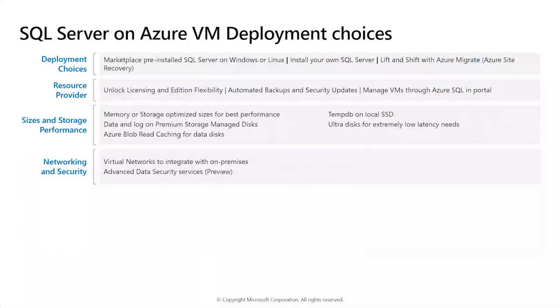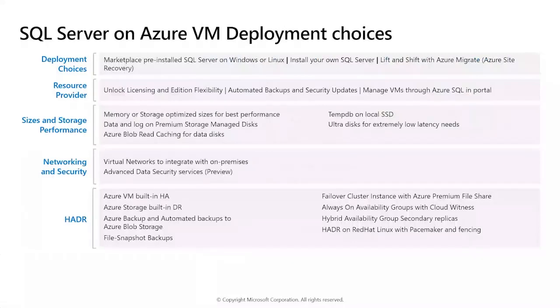In terms of network and security, you can integrate your Azure Virtual Networks with your on-premises network so that your SQL Server databases can communicate back with the applications that might still be on premises. You can access advanced data security services in the cloud.